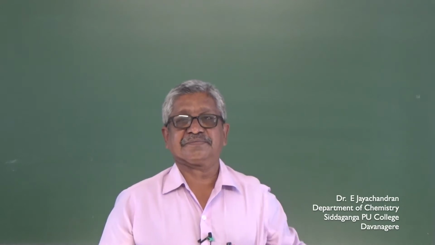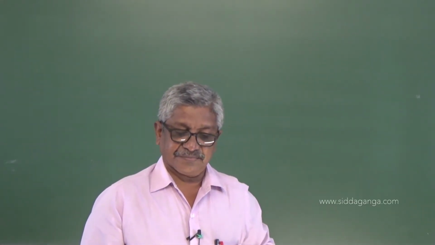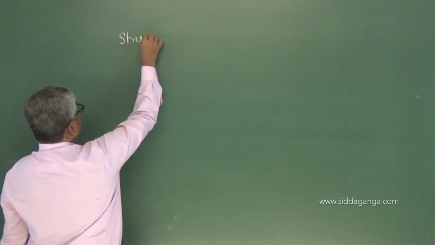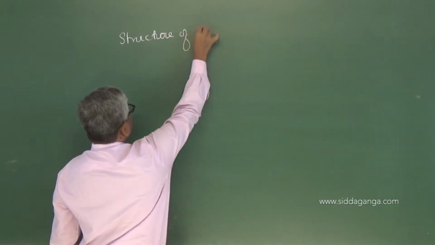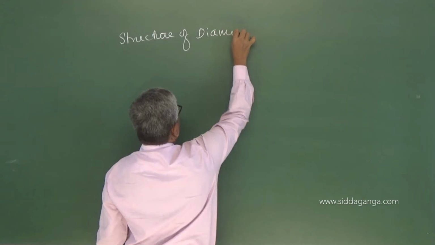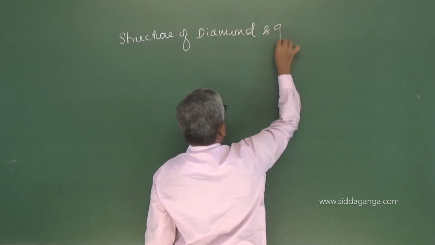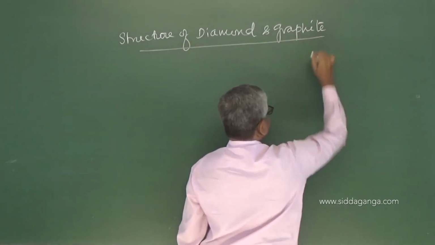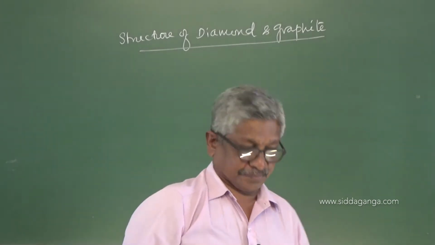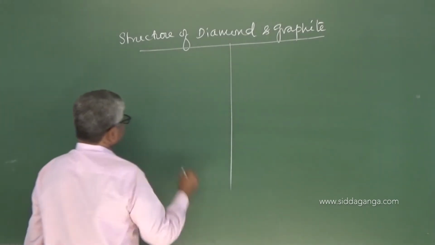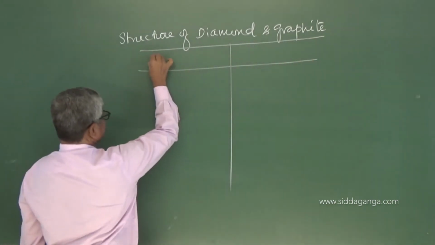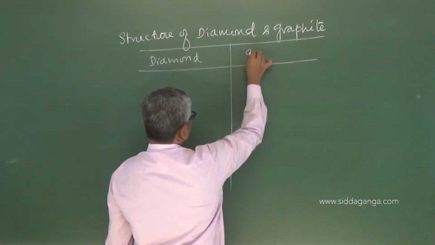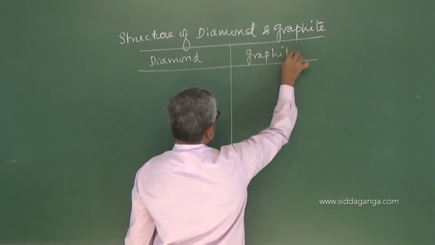So, next part: structure of diamond and graphite. In the structure of diamond and graphite, we will take diamond on one side and graphite on the other.